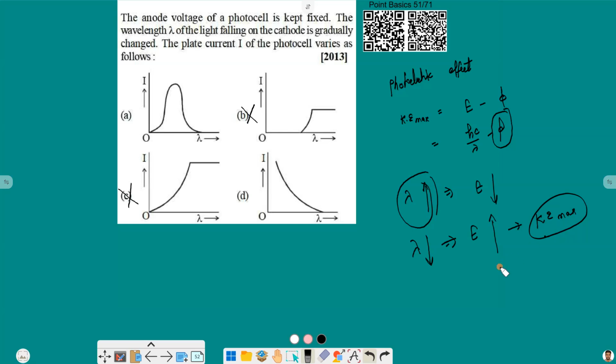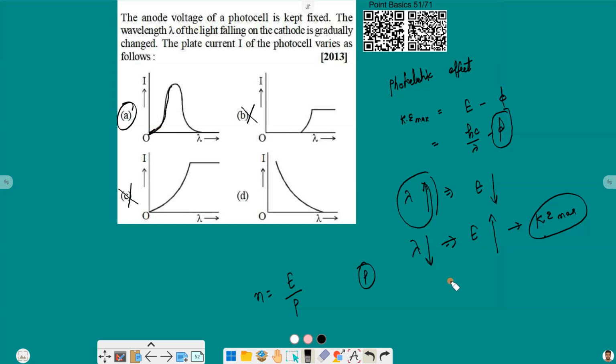If energy keeps on increasing, we can say maximum kinetic energy will keep on increasing. Now, nothing is mentioned regarding the power of the incident radiation, because the number of photons is basically E by P. In graph A, if lambda is decreasing, then intensity decreases and goes to zero, meaning there is no current, but that will not happen, because if we keep on decreasing lambda, energy will keep on increasing.